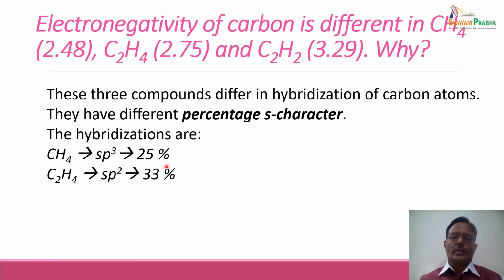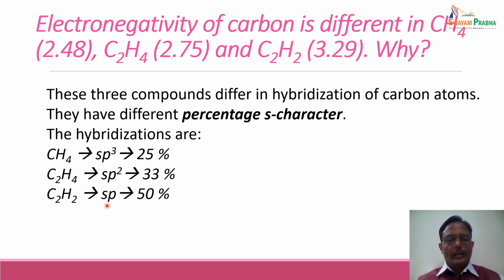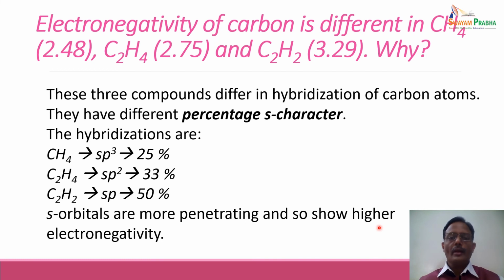In ethylene, the hybridization is sp2, and sp2 orbitals have 33% s character. In acetylene, the hybridization is sp, and as a result, the sp hybrid orbitals have 50% s character and 50% p character. Now, since the s orbital is more penetrating in nature, the nucleus has a higher hold on the s orbital as compared to p and d orbitals.